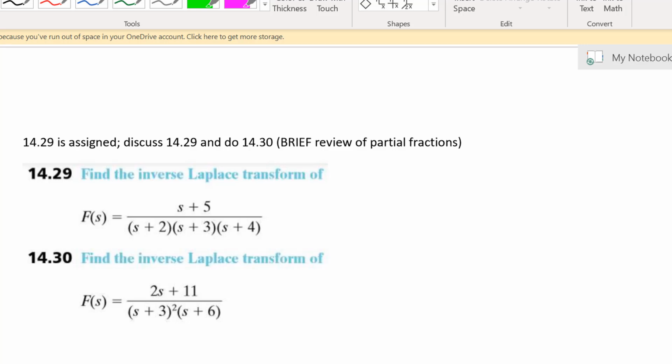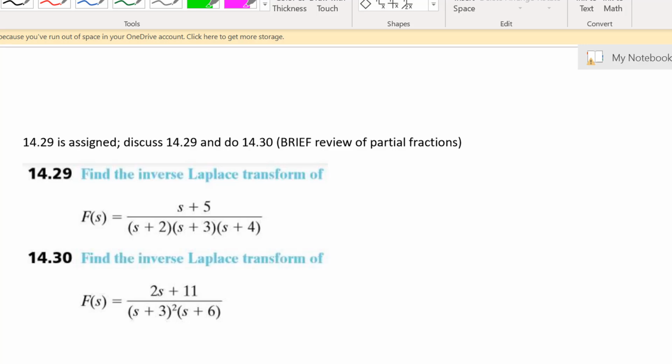So 1429, it's really easy when your denominator is already factored for you completely, and in 29 and 30, they're factored completely. So when I teach Calc 2, I tell my class, you have as many fractions in the partial fraction decomposition as you have factors in the denominator.